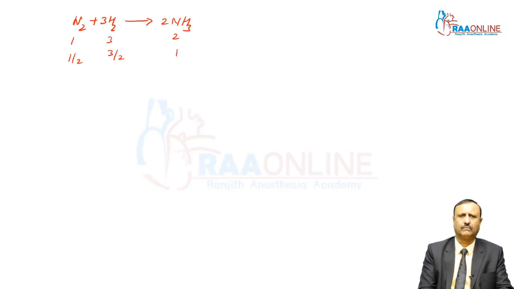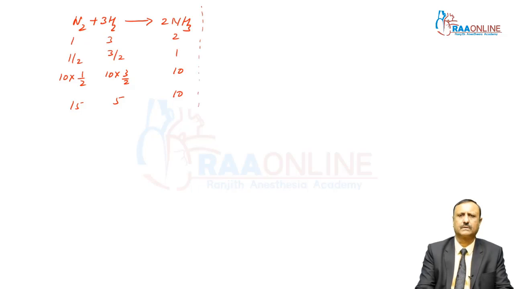Now, when 10 liter of nitrogen and 10 liter of hydrogen are taken, then 10 liter of ammonia is formed. Now we can see here you get 15 of nitrogen, 5 of hydrogen and 10 of ammonia.